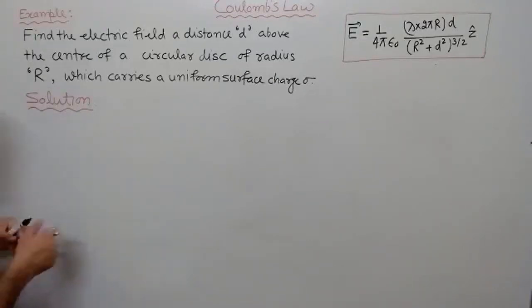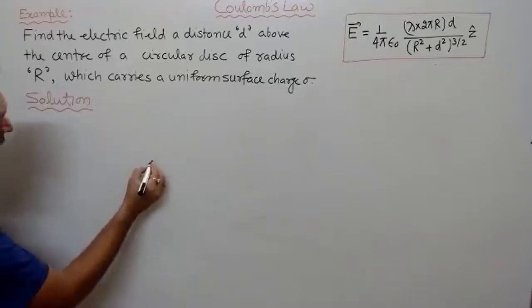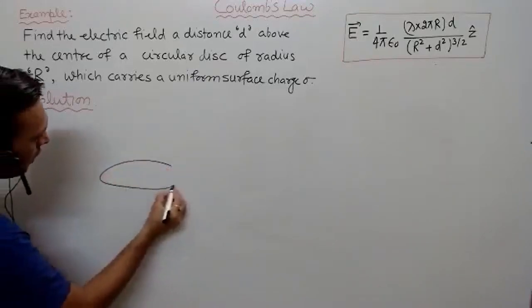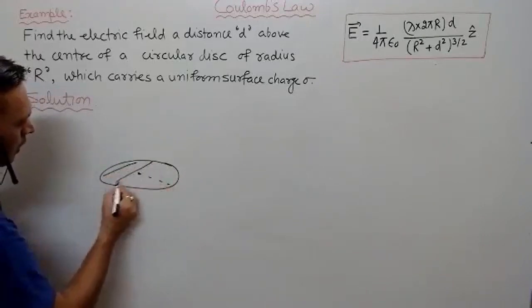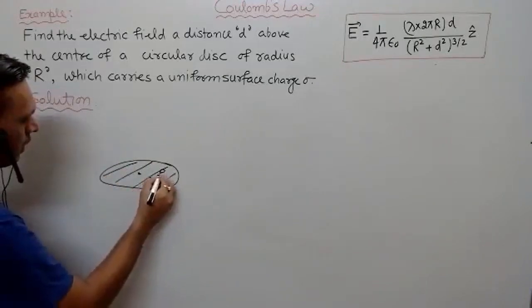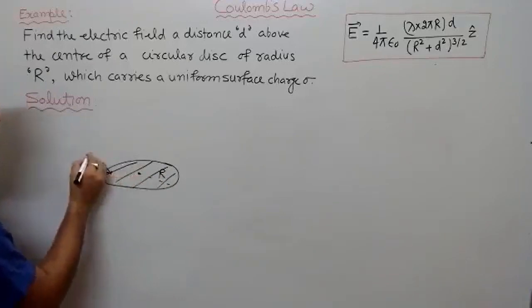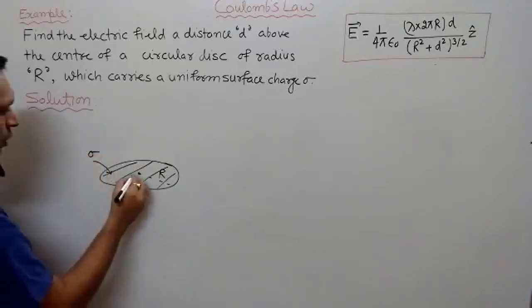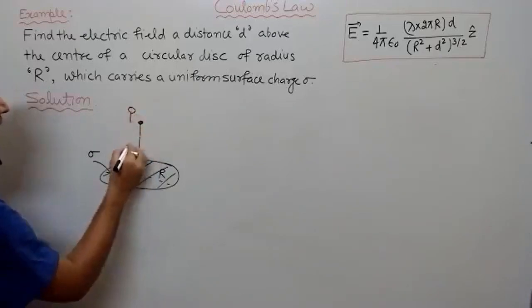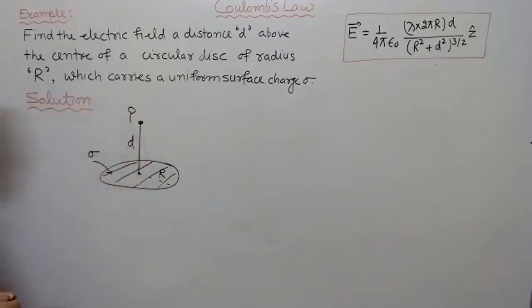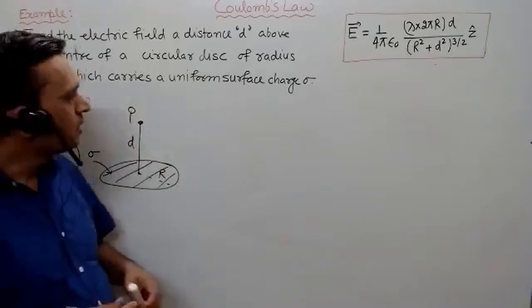Now consider you have a disk of radius R, and its charge per unit area is given. What will be electric field at point P, that is d distance above the circular disk?